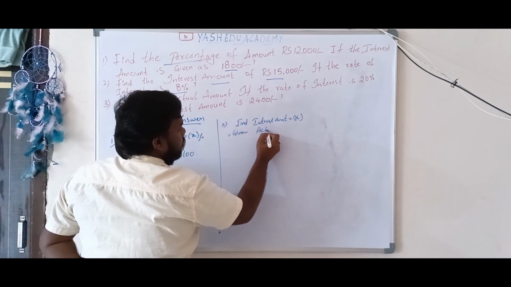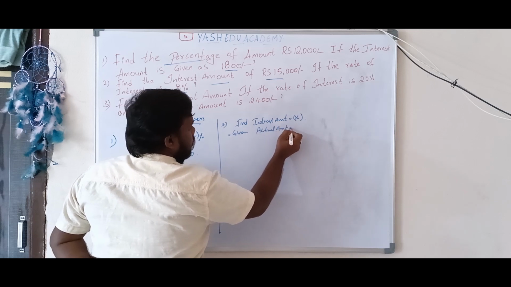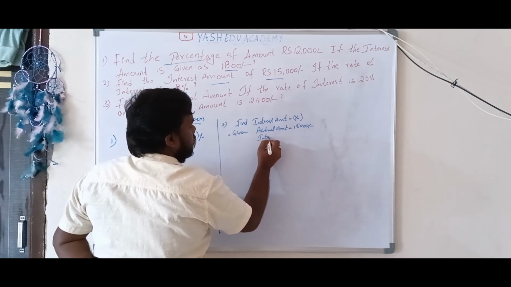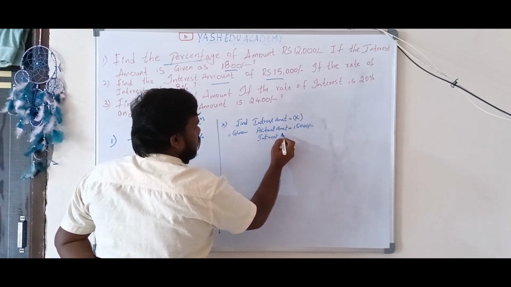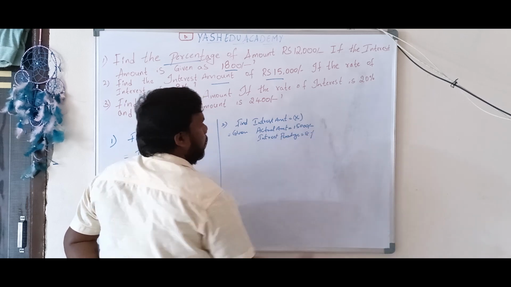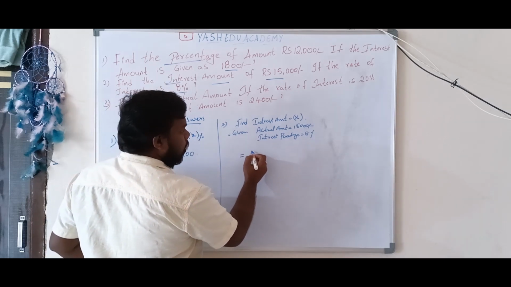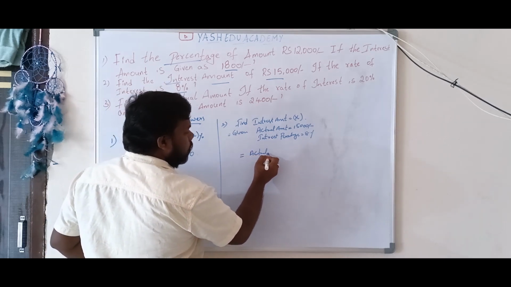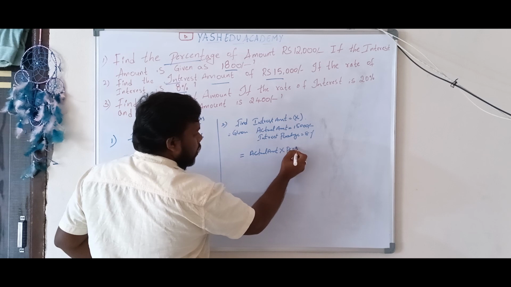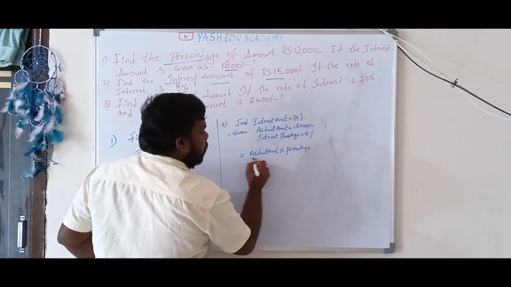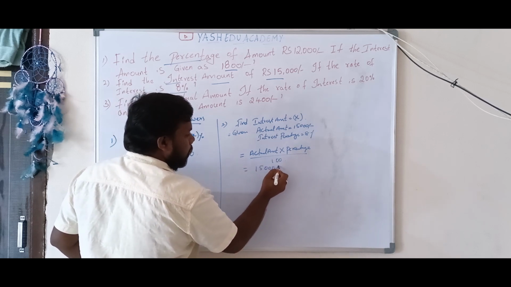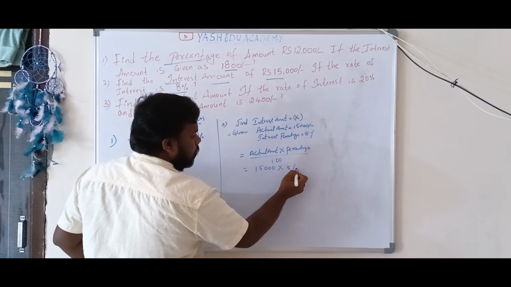So actual amount is equals to 15,000 and interest percentage is 8%. So the formula is actual amount into percentage by 100. So the actual amount is 15,000 into percentage, means 8% by 100.